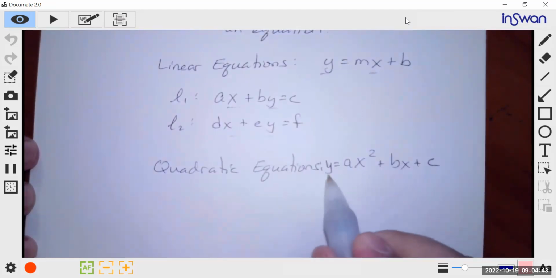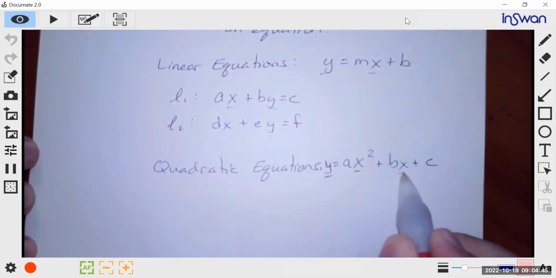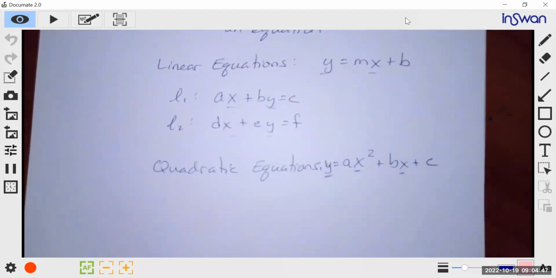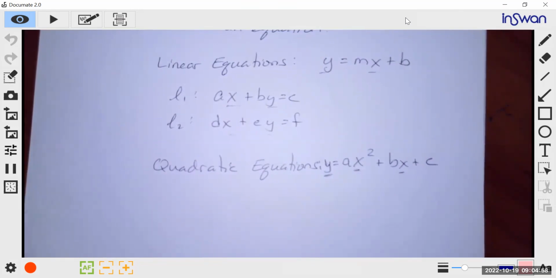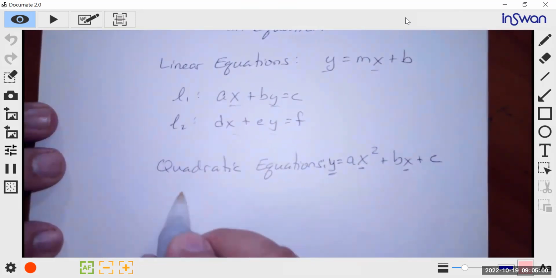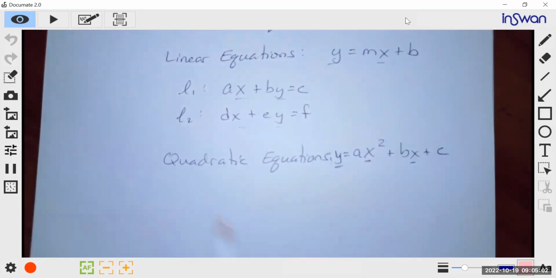Here's a y, x squared, and a, b, and c. The coefficients are always numbers. It's just that instead of putting numbers there, it's any general numbers, integers. So we have x squared, y, and x. We have three variables, which means with quadratic equations, we can have three equations in our system.